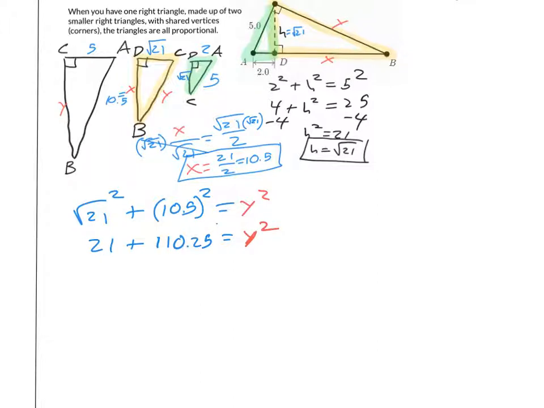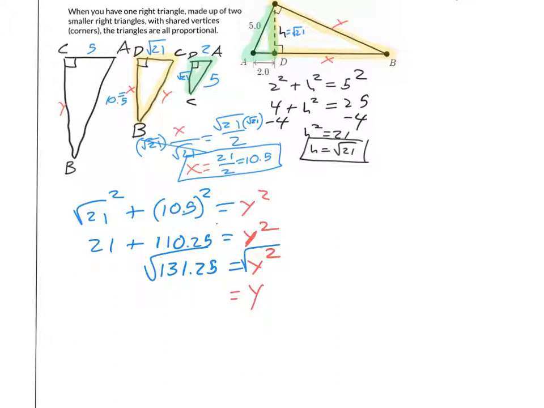All right, 110.25 plus 21, that is 131.25 equals y squared. And then we're going to take the square root, and this is not going to be a pretty number at all, so we're just going to leave it in decimal form.